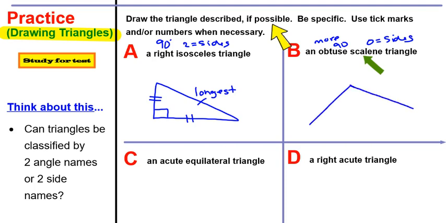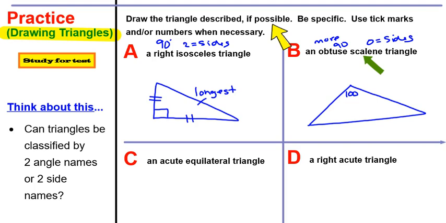So I'm going to draw a triangle that has a really big angle there, and I know that it has to be more than 90. I don't have a mark for 90, but I can put a number in there, and I can put any number that's more than 90 degrees. I don't know, I can put in 100, I could put in 110, I could put in 94, I could put in any number that's more than 90.